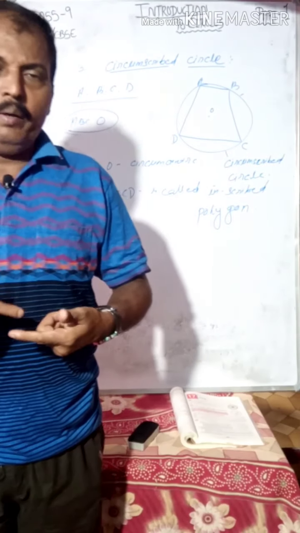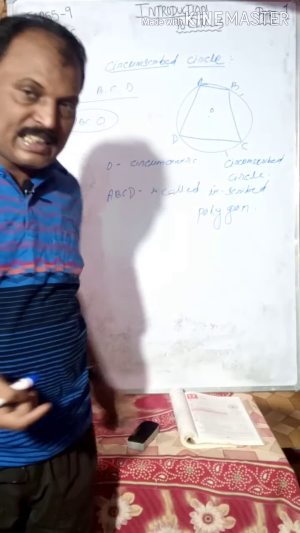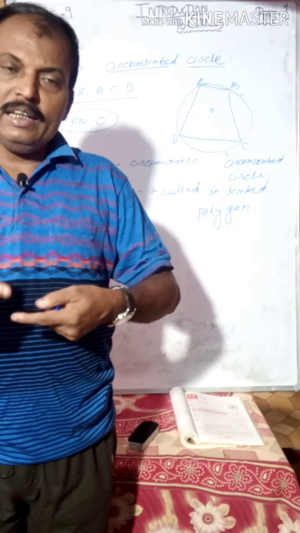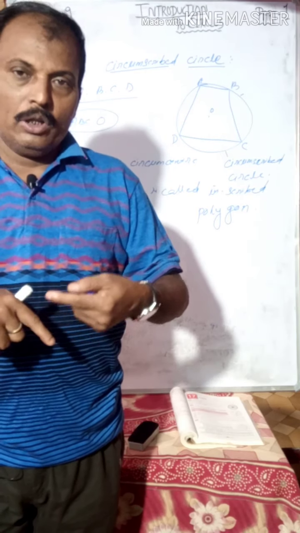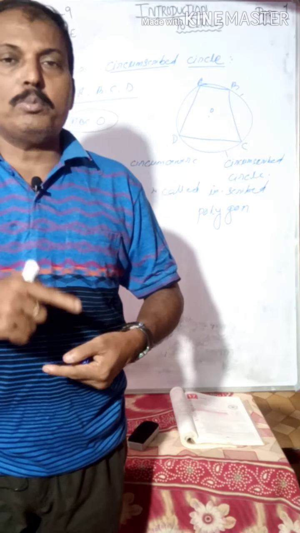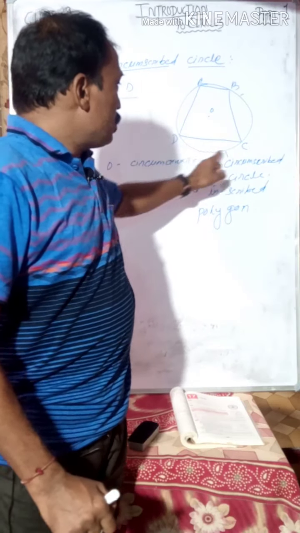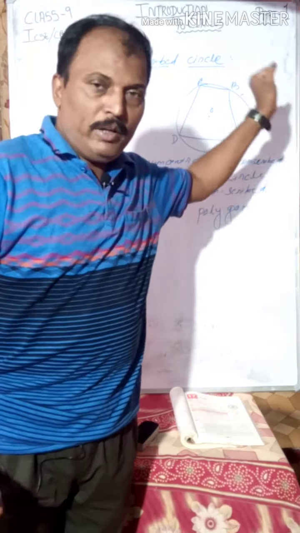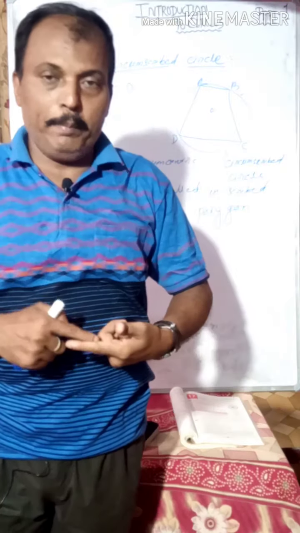Simply we will remember that the inner part is inscribed and the outer part is circumscribed. The outer part is a circle, so it is circumscribed. The inner part is a polygon, so it is inscribed.